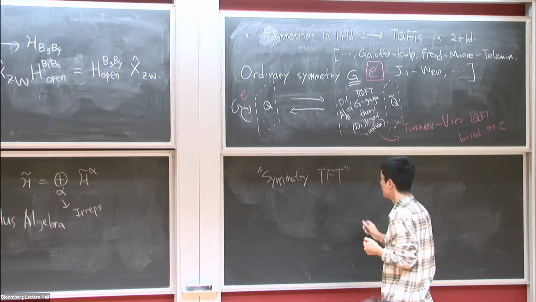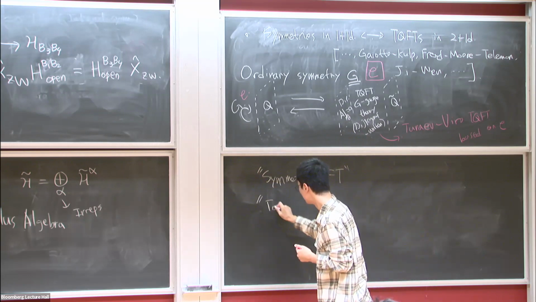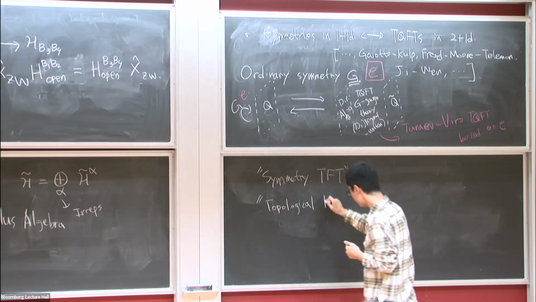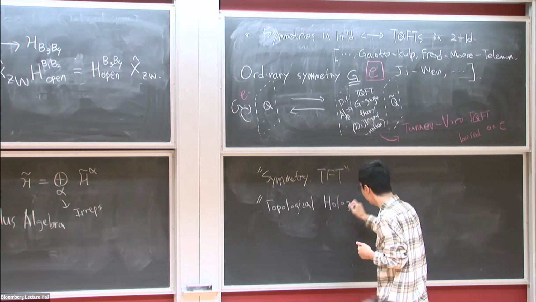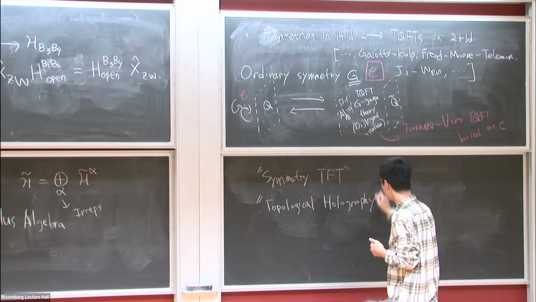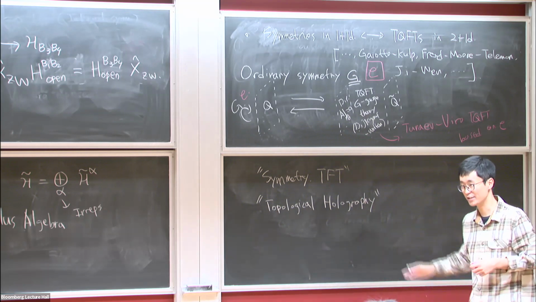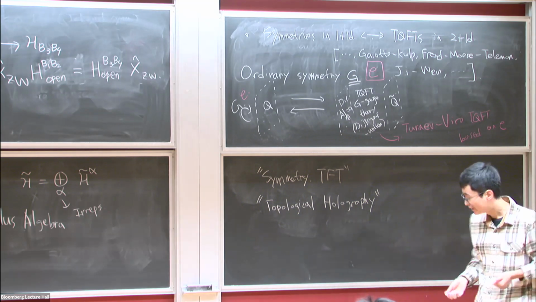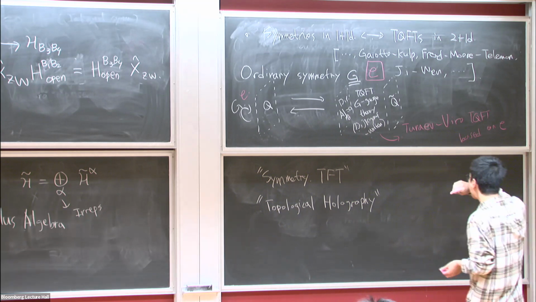And for some other people, this is known as topological holography. But it's not really usual holography in any sense. This is just a mnemonic. Really different from ordinary holography.